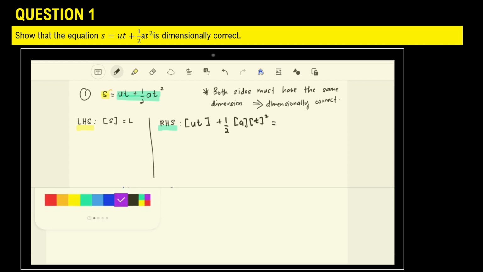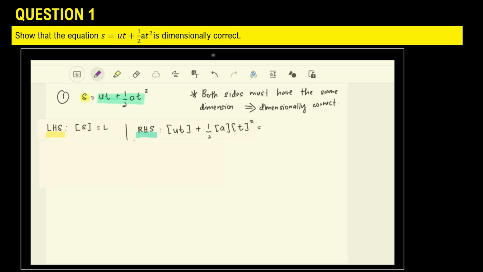The dimension of U is LT negative 1 and T is T. I'm going to write here LT negative 1 T plus, now we have A and T squared. The dimension for the acceleration is LT negative 2 and T squared is T squared.